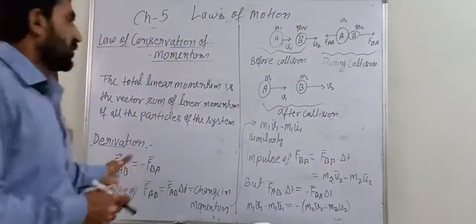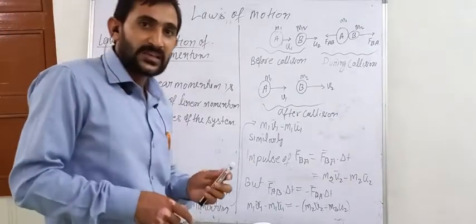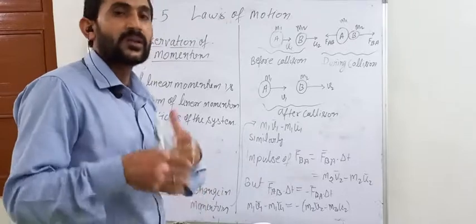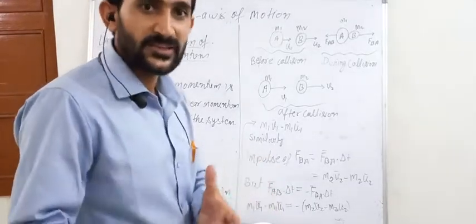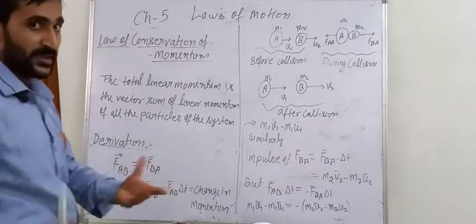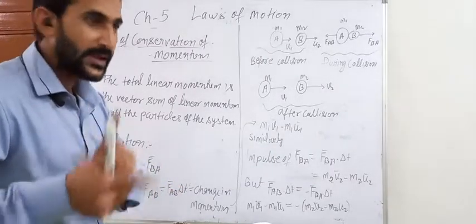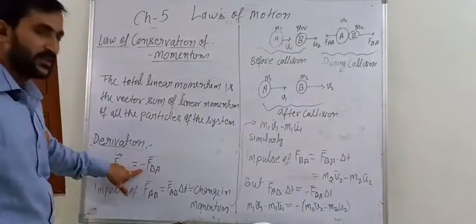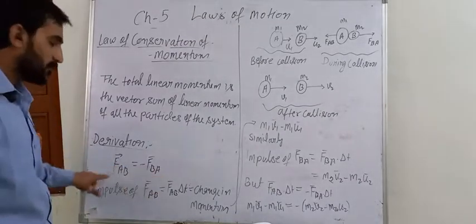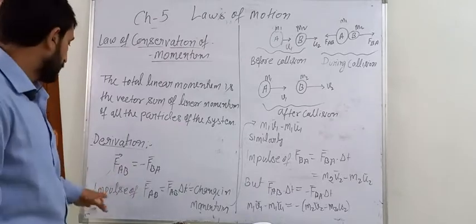Newton's third law of motion says that every action has an equal and opposite reaction. It means these forces will be equal in amount but in different directions. Here I show the negative sign, which shows the direction only. Magnitudes are the same for both forces.